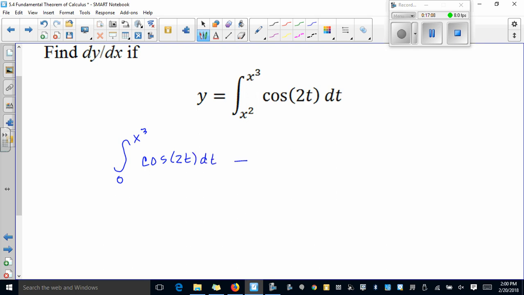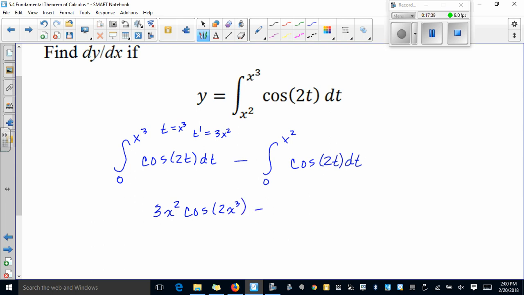So this one would give us 3x squared cosine of 2x cubed minus, and then this one, the t would be x squared, so t prime would be 2x. So this would be 2x cosine of 2x squared. And there's your answer. That's the derivative of the antiderivative, evaluated at x cubed and x squared.